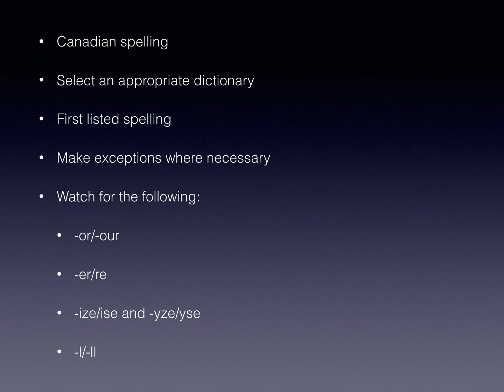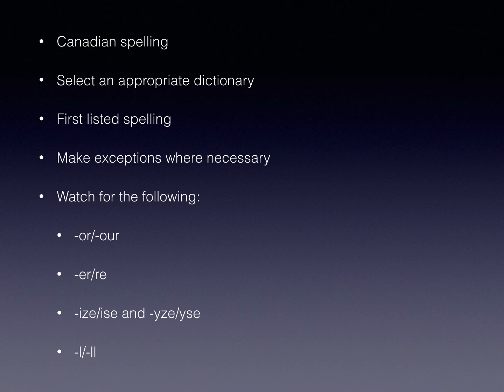At the end of chapter 3, there's an excellent section that shows some of the variations, or a lot of the variations actually. I would suggest that you take a quick look at this. This will really help you down the road if you're not already aware of these variations in spelling.